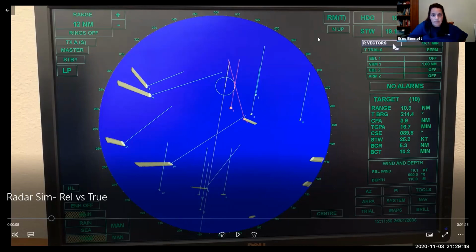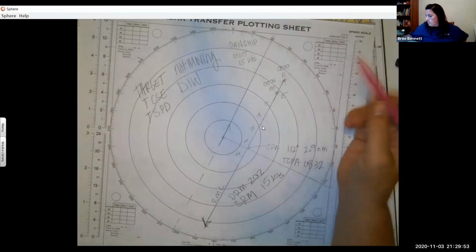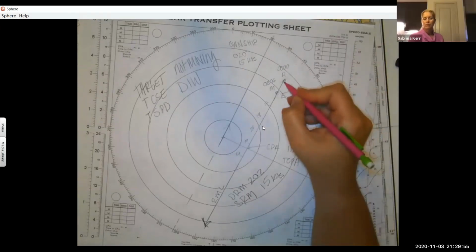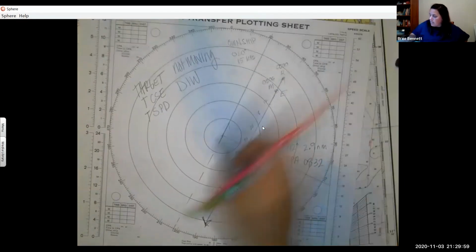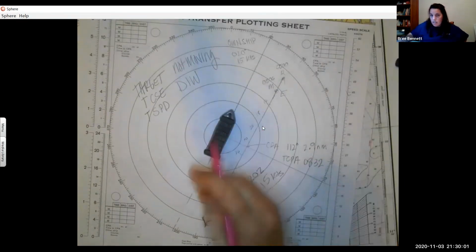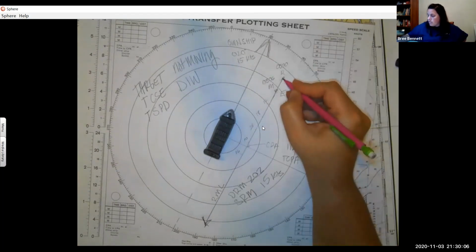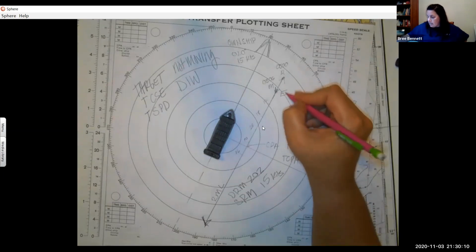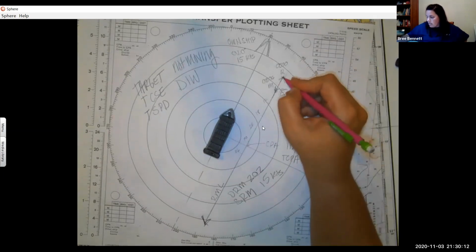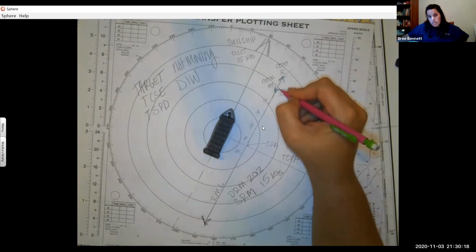What was I going to do? So when we're looking at R to M, this is us. We are headed this direction, right? This is our own ship. So R to M is our relative motion line, where E to R is our own line. You can see they're exactly reciprocals.